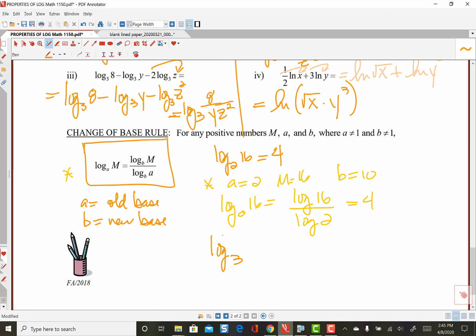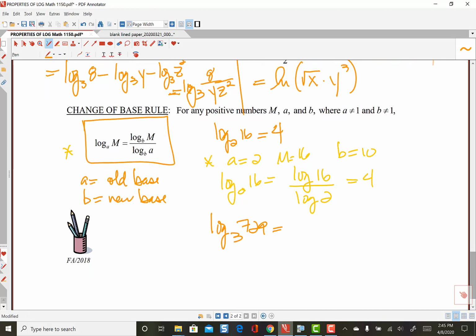I'm working backwards. Let's say log base 3 of 729. So we're saying 3 raised to some power is 729. I don't know what it is, so let's figure this out by change of base. In this case, A, my old base, is 3.